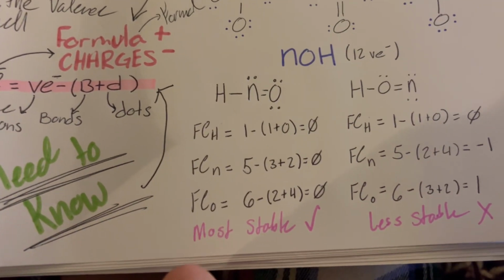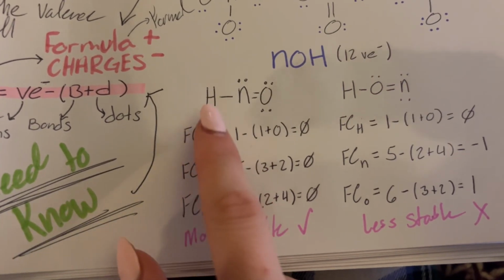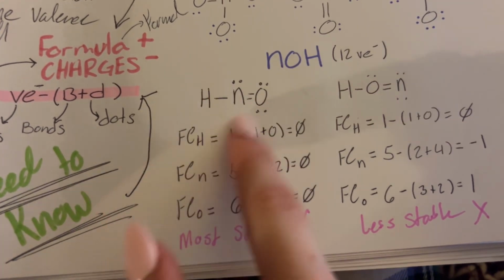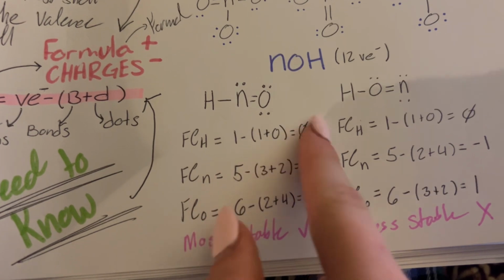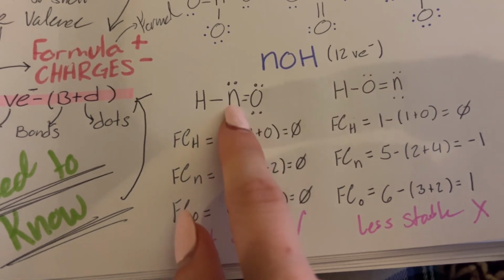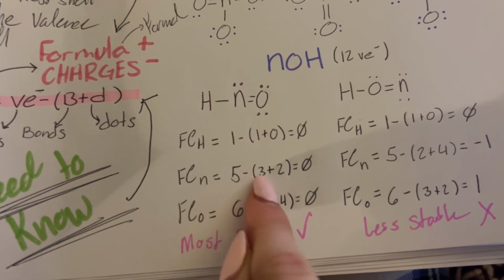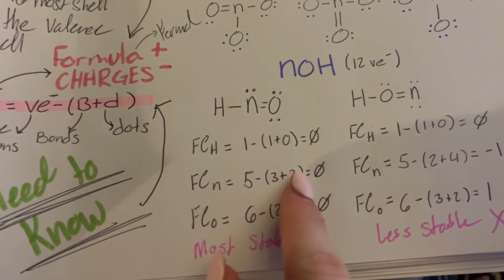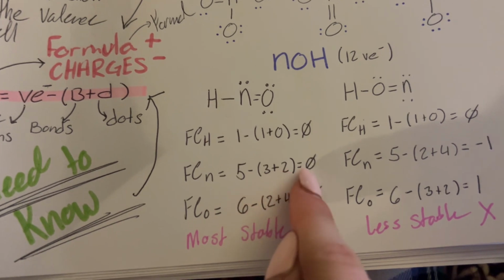Let's take a look. Hydrogen has 1 valence electron, minus 1 bond, and 0 dots. It's happy, 0. Nitrogen has 5 valence electrons, minus 3 bonds, and 2 dots, equals 0.